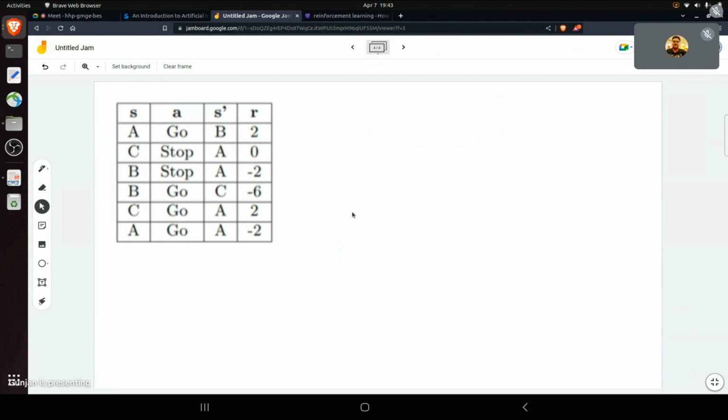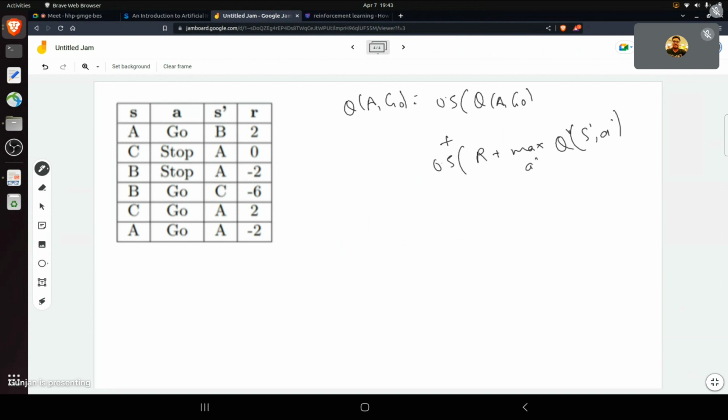All right. So the first value that we will update is Q(A, go). So Q(A, go), just like we did last time, will be 0.5 times Q(A, go) plus 0.5 times the reward plus max over a' of Q(s', a'), right?